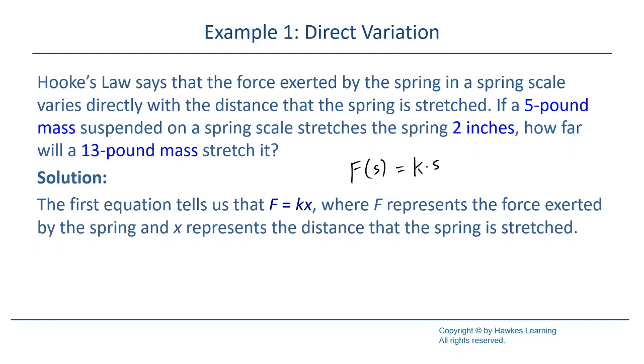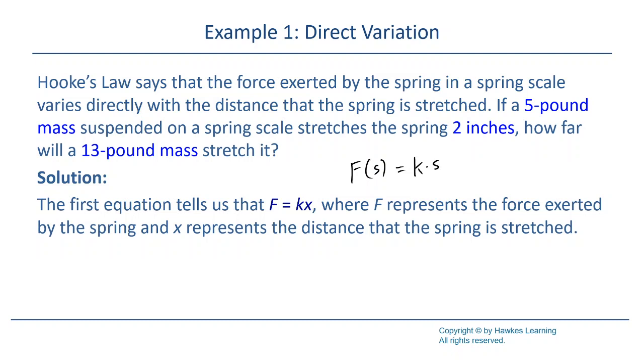But now, to go back to this one, we know that since it has a direct variation, it makes sense that it varies directly. If you put a heavier weight on it, it should extend more.